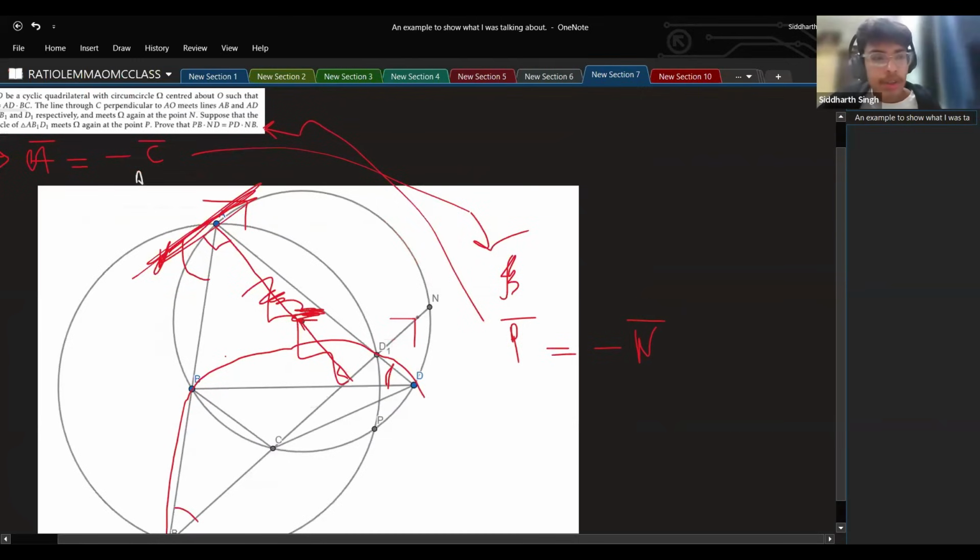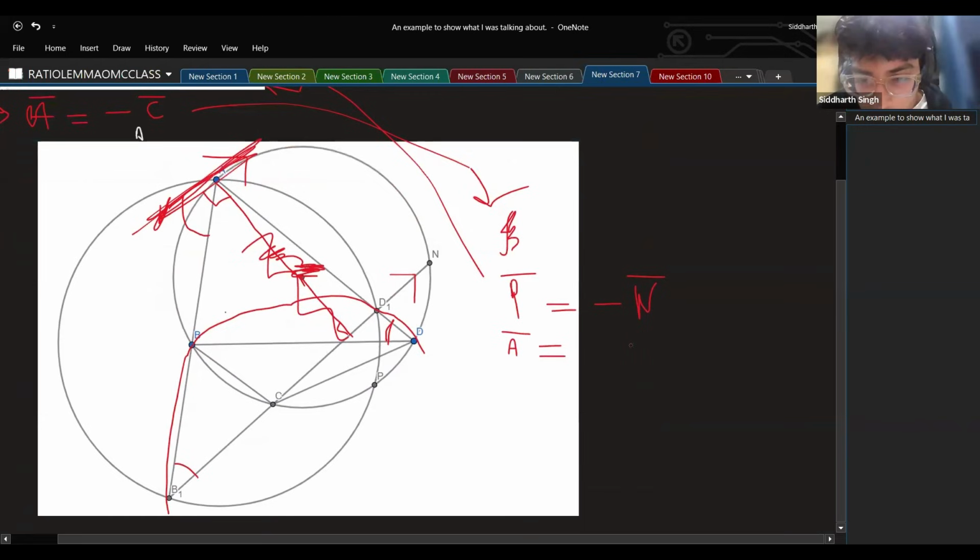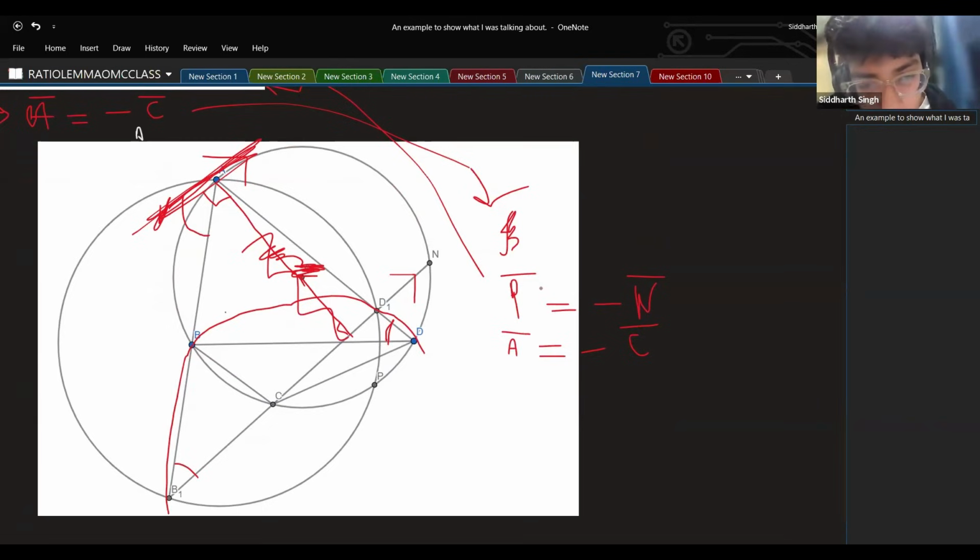Okay, so we are given these two relations. Let me just write them side by side. A bar is equal to minus C bar. Can we multiply this stuff out to conjure some point? Also, this we have not proved yet, so assume this is true.